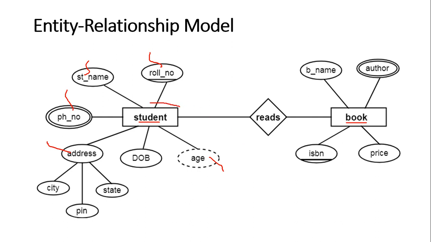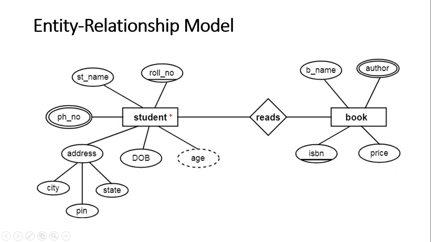But you have an entity called student, which has a lot of attributes. Okay, and these attributes are shown in the form of an oval connected to it.